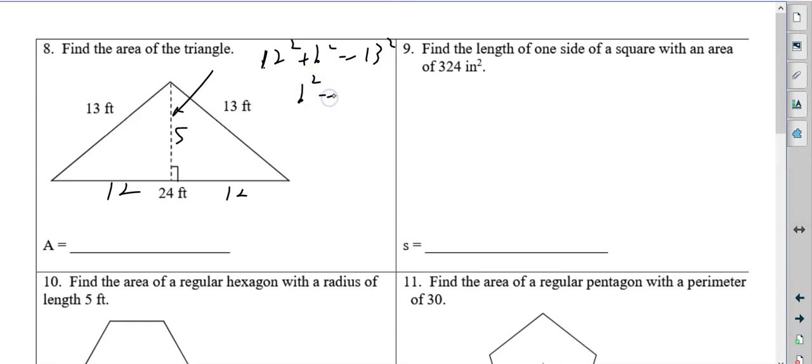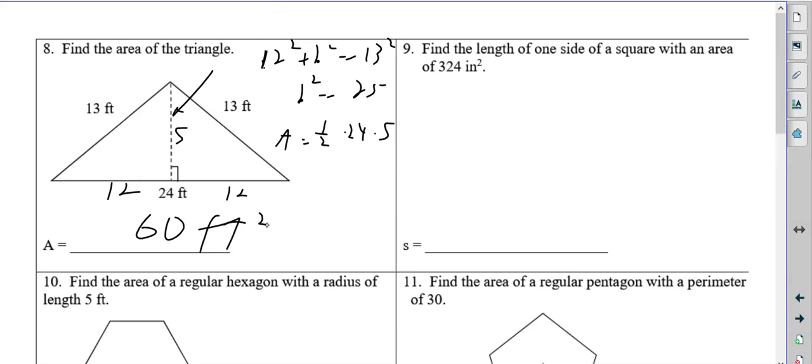So b squared is 169 minus 144, which is 25, and that gives us 5. And then it's simply area is 1/2 base times height. So that's 12 times 5, which is 60 square feet.